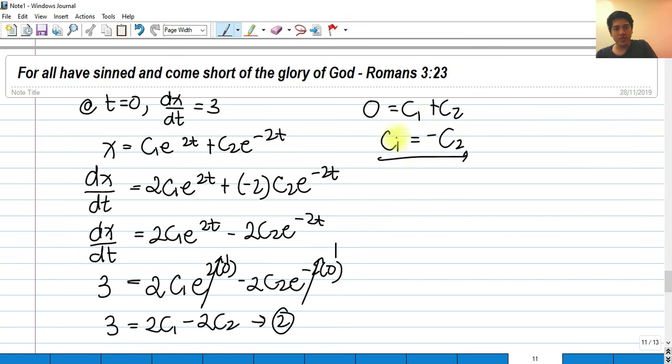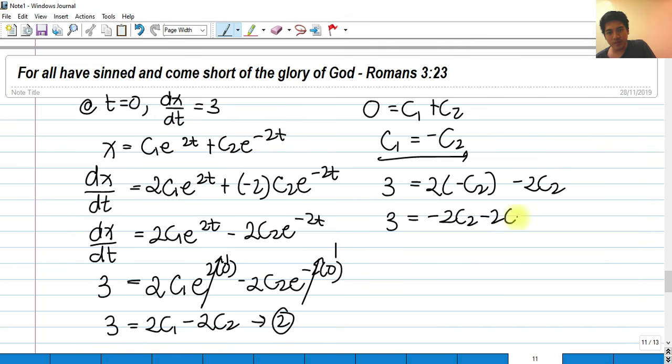If I substitute c sub 1 as negative c sub 2 in this equation, we have 3 is equal to 2 times negative c sub 2 minus 2c sub 2, so that we have negative 2c sub 2 minus 2c sub 2, we have negative 4c sub 2 is equal to 3, and then finding the value of c sub 2, that is negative 3/4.